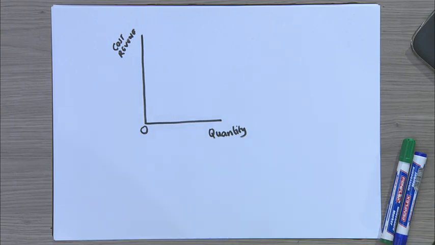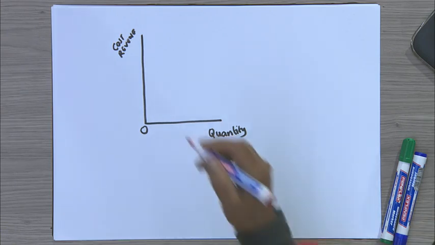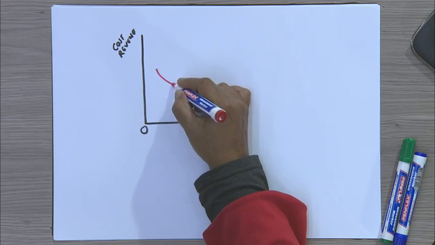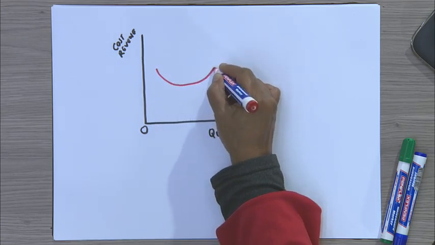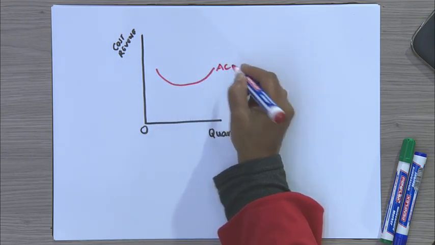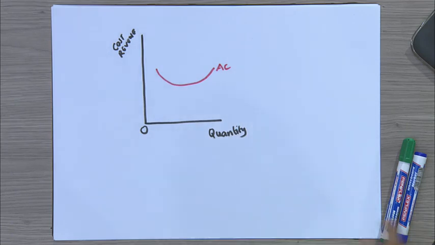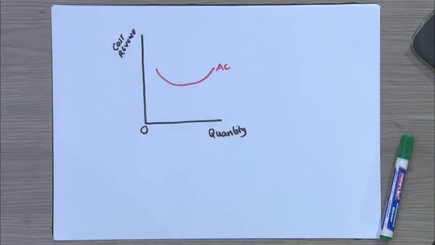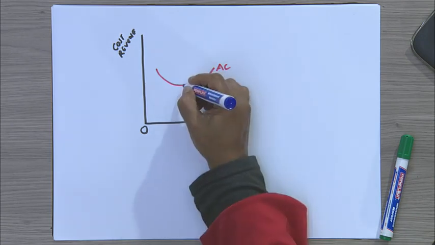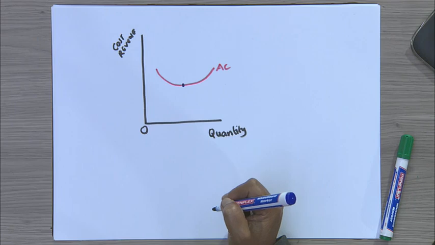So your AC curve has this shape. Okay, that represents your AC curve. And when you do your marginal cost curve, you must ensure that it cuts AC where AC is at its lowest.